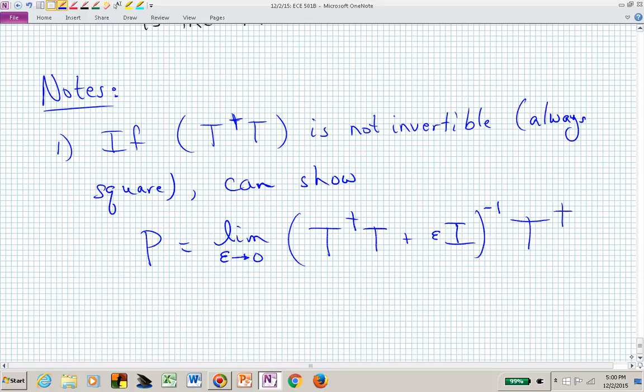This P always exists and minimizes the error.